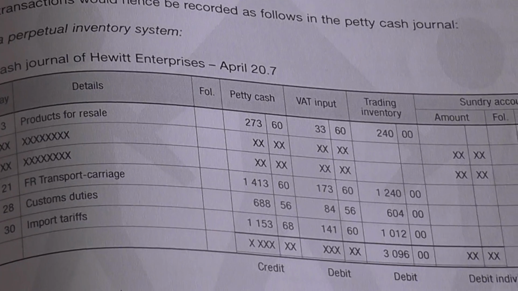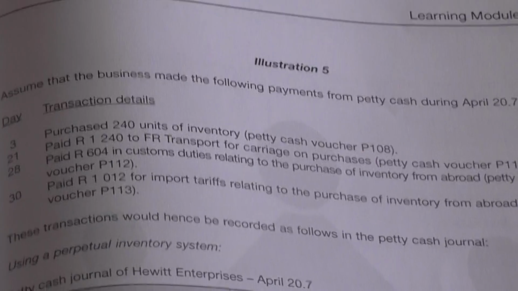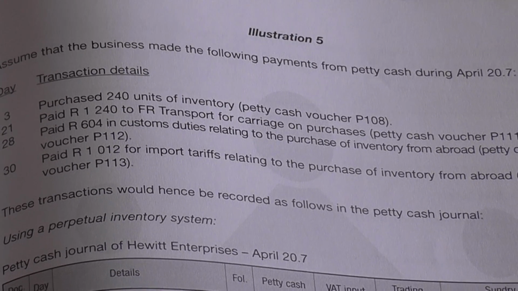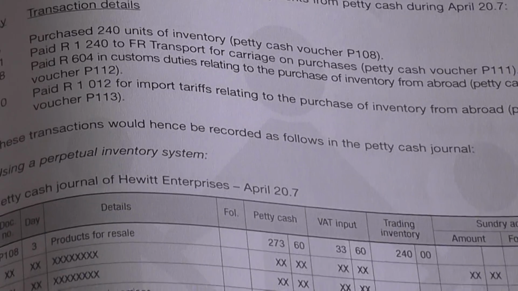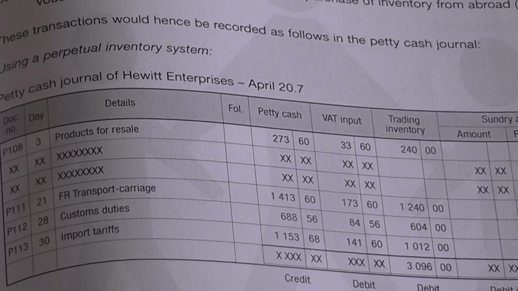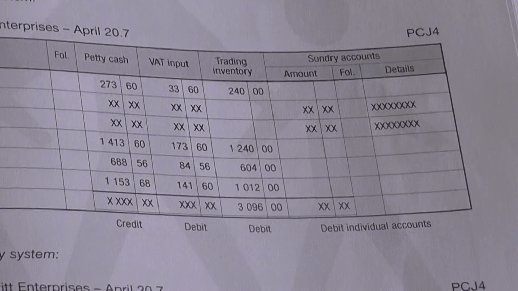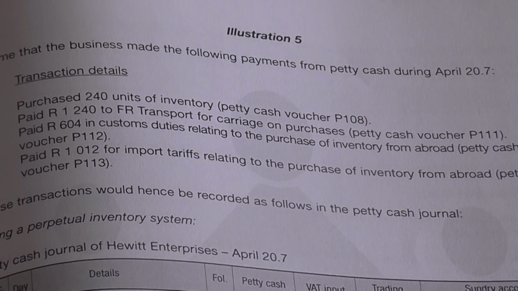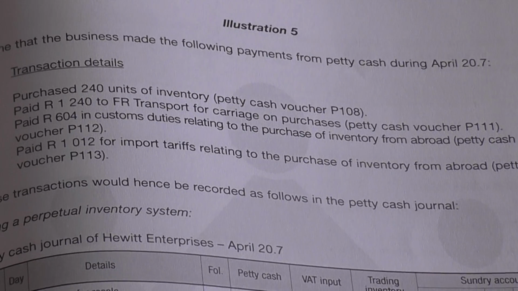Now this one, if you can remember, is your petty cash journal, and here they're talking about you purchased inventory, paid for transport or carriage and all that stuff. Under the perpetual system, all those amounts that you see over there go under trading inventory. You can see they don't put all of those things in their own account. So you paid 1012 for import tariffs, you paid 604 for custom duties and all that.